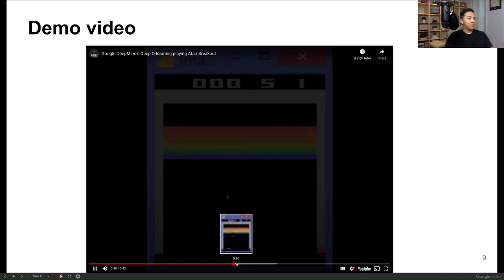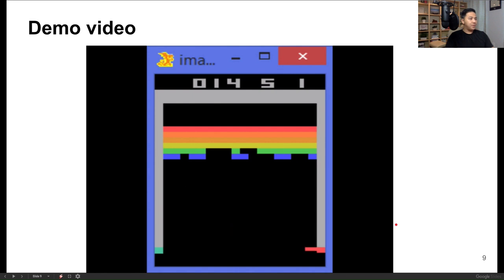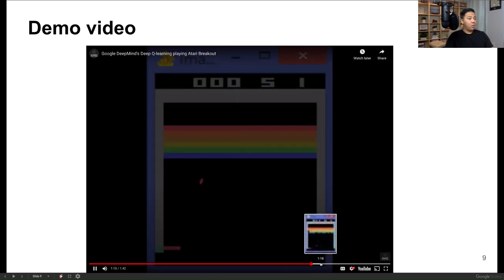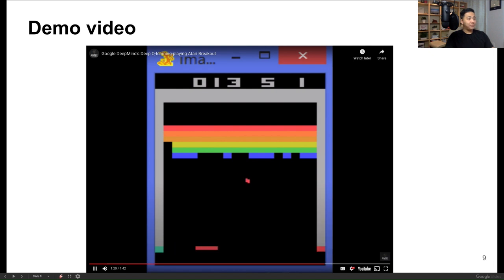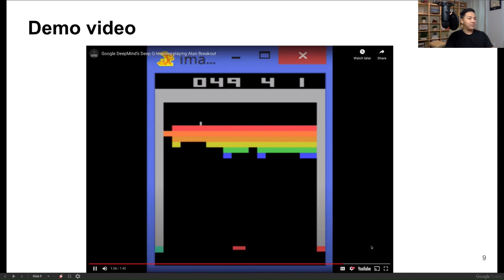And then after 120 minutes of training, it started learning how to play the game a little bit, so it knows how to move so that the game continues with the different frames here. And after a while, it starts playing really well.